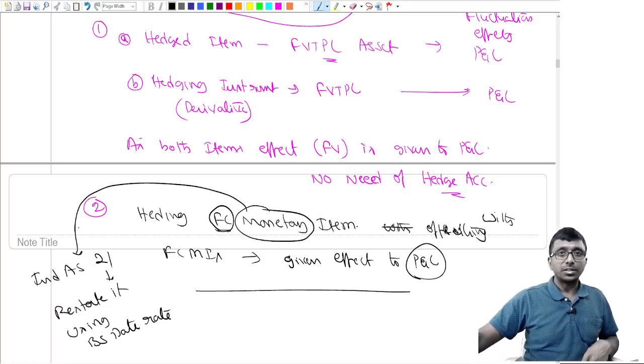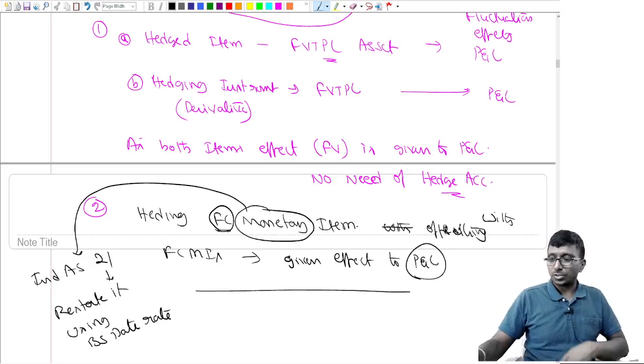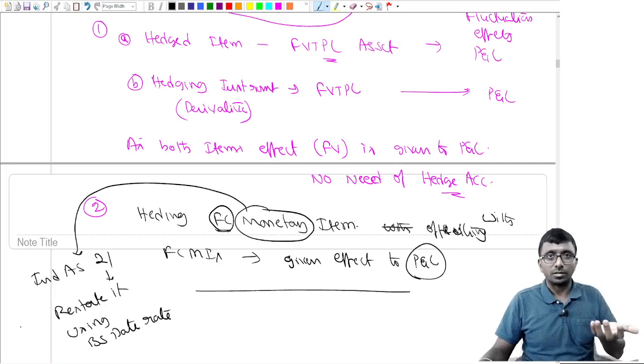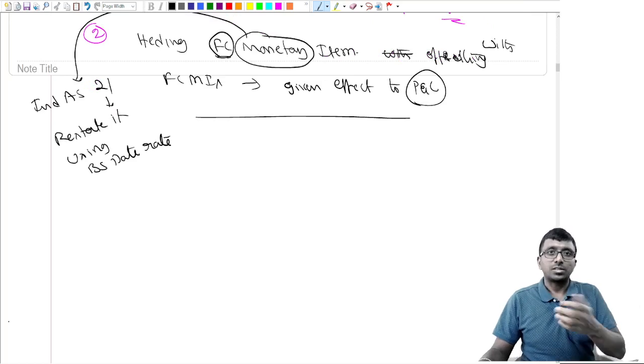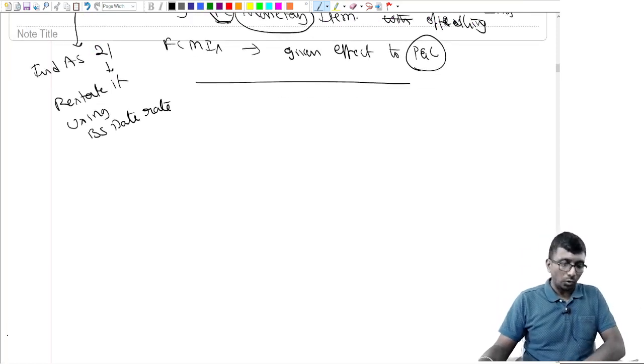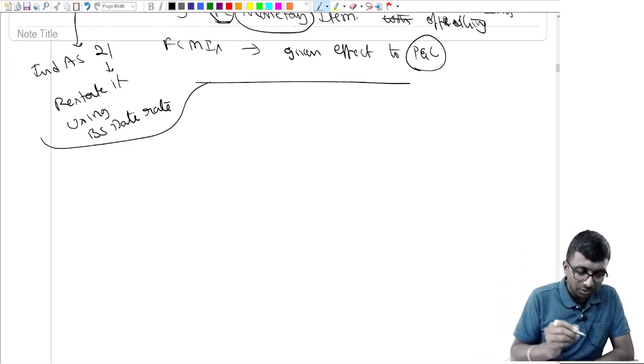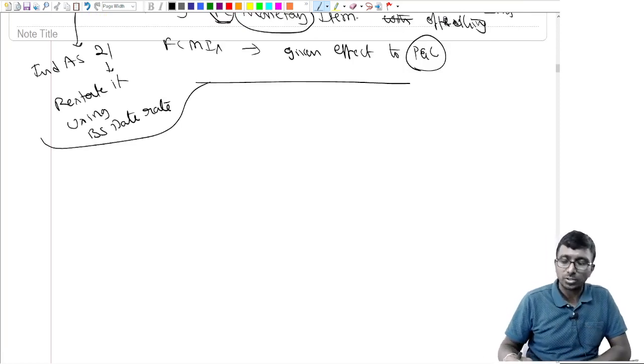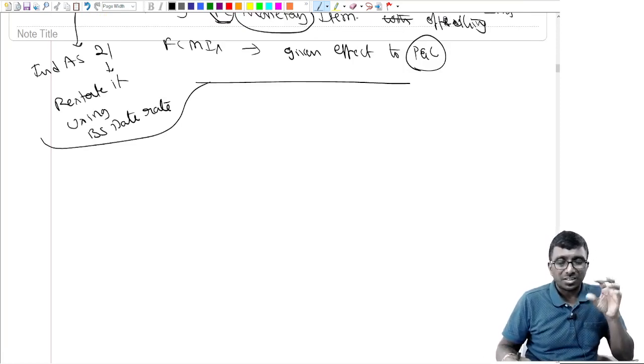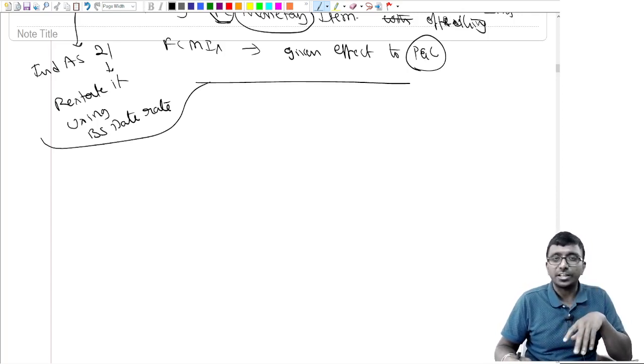Now let us get into a few definitions which are crucial for understanding the next part of the subject. There are some three or four definitions. The first is hedged item. What is a hedged item?